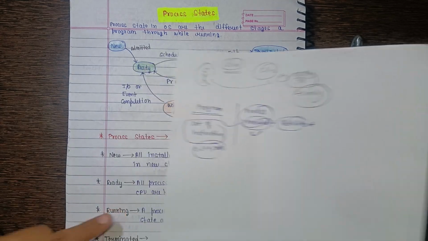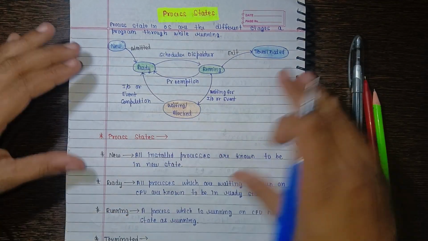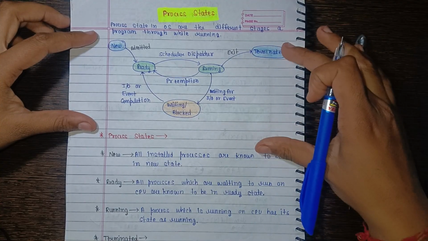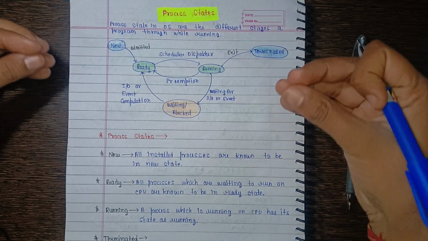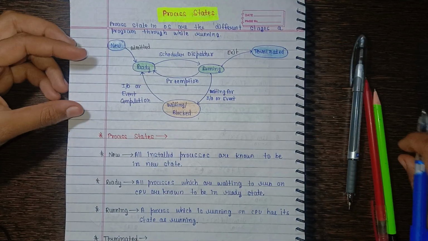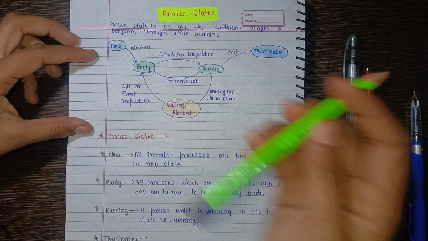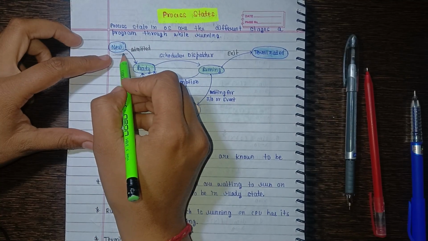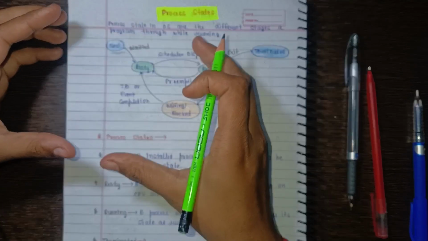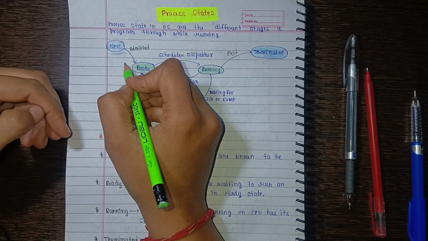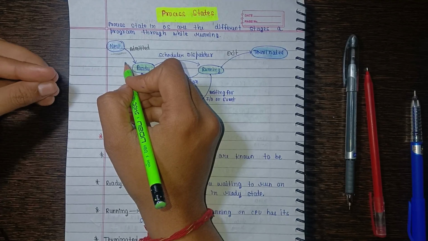Okay, now here you can see there are different stages or states of a process. Okay, so new state. New means like in our phone we have different apps or applications we have installed.